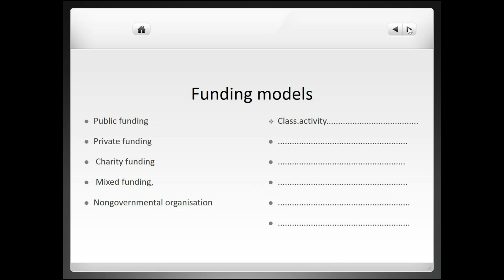We have charitable funding, where some funding comes from charitable organizations. And then some countries have mixed funding, partly funded by the government and others by individuals. We've also got non-governmental organizations who are involved in the provision of funding. Some NGOs will come in and provide funding.